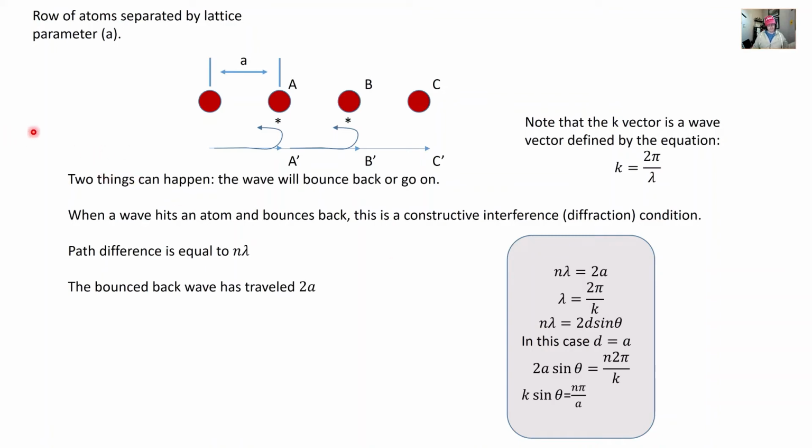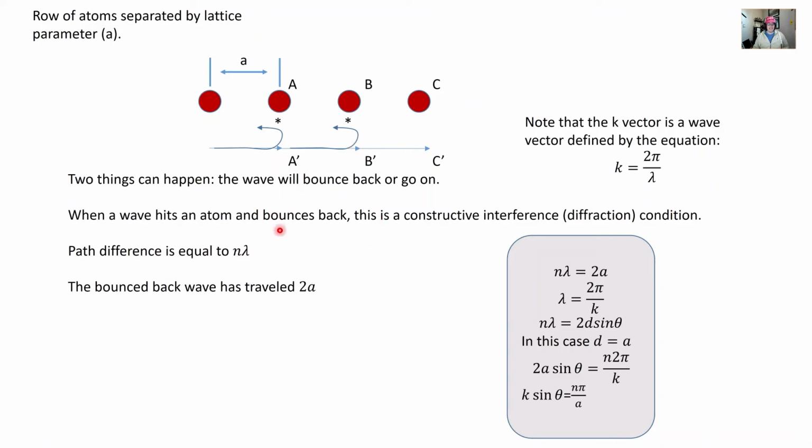So we have our wave coming through. Two things are going to happen. It's either going to bounce back, so it's going to go from here to here, bounce back, or it's going to go on. Where I have this little asterisk is a bounce back event, versus it going on with this non-asterisk event.